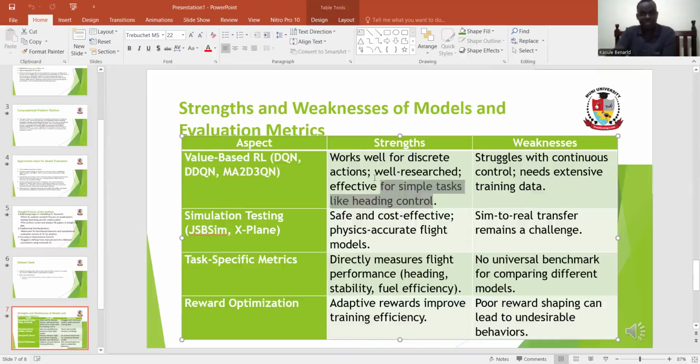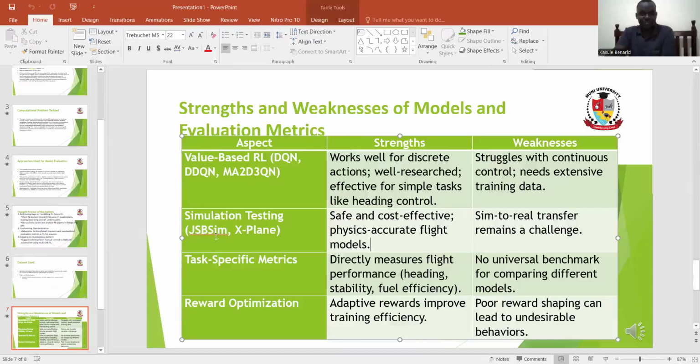This is actually the main strength of using the value-based RL, the DQNs, and the rest. But the main weakness here comes with continuous control, struggling to control. It needs extensive training on the data and the data sets, so it becomes a little bit tiresome and hard. The other one is simulation testing, it is safe, cost-effective, with physics-accurate flight models.